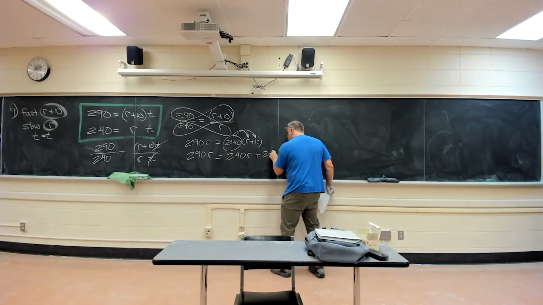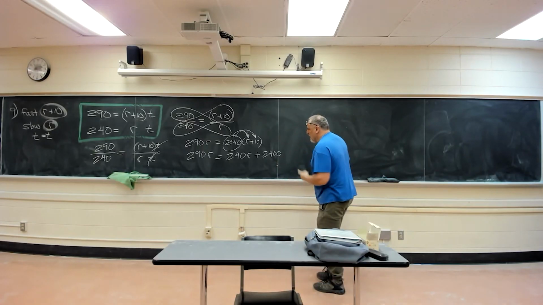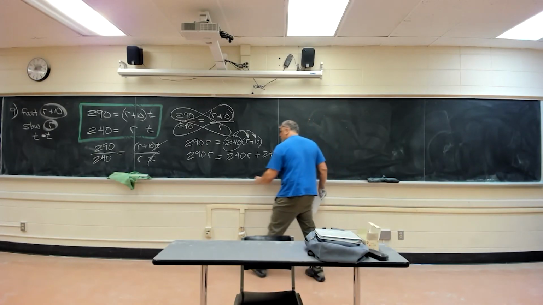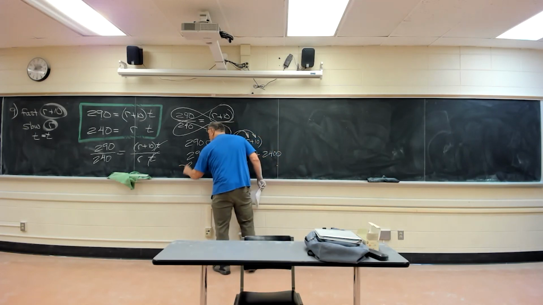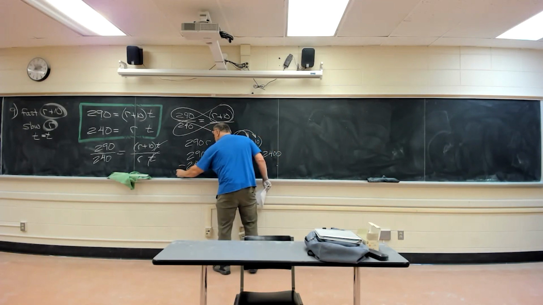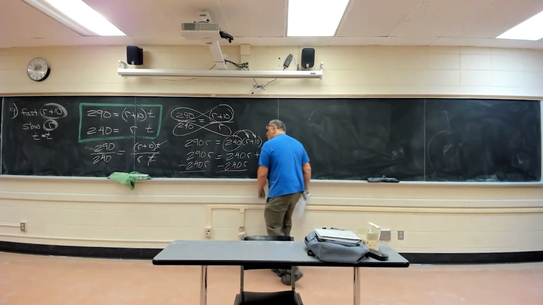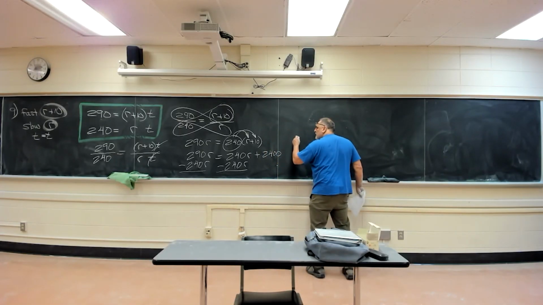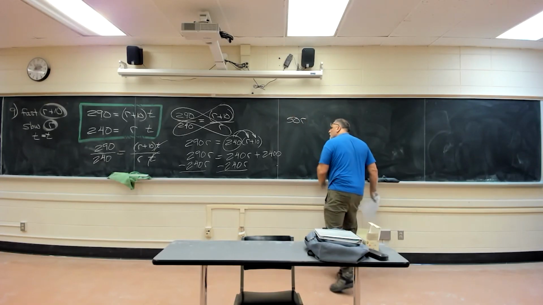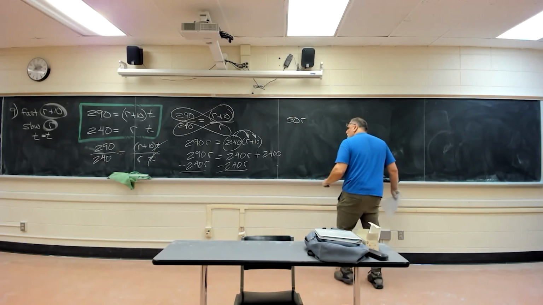Do the distribution. You got it to here. Subtract 240r on each side, or add a negative 240r on each side. 50r.